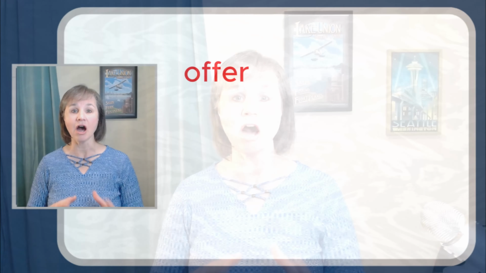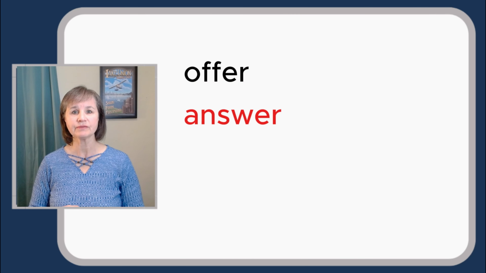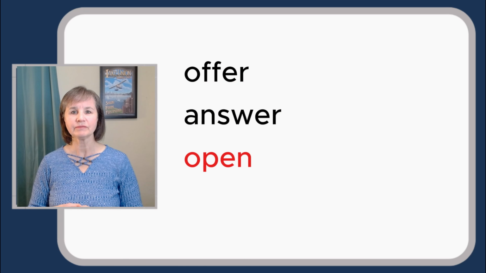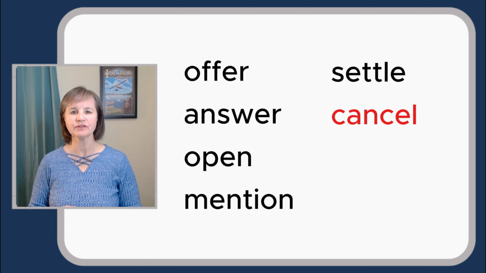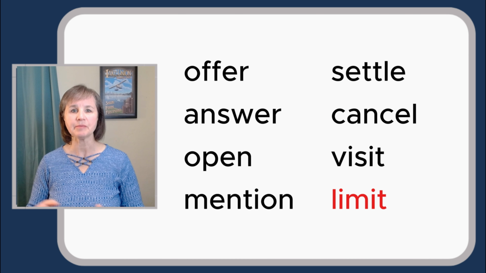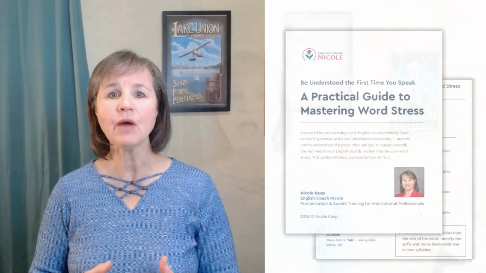Some example words that have these endings include offer, answer, open, mention, settle, cancel, visit, and limit. So if you see a word with one of those endings, you know the stress will be on the first syllable.